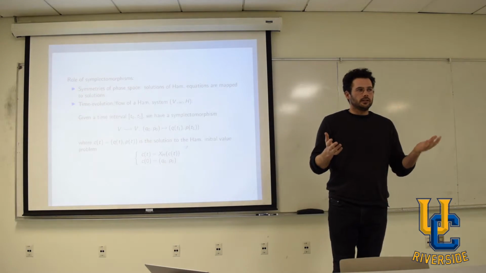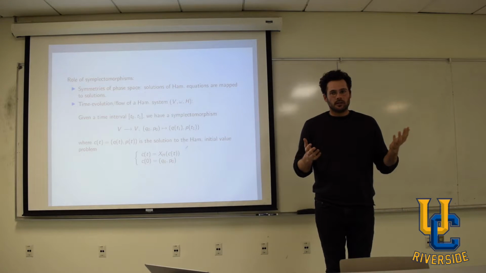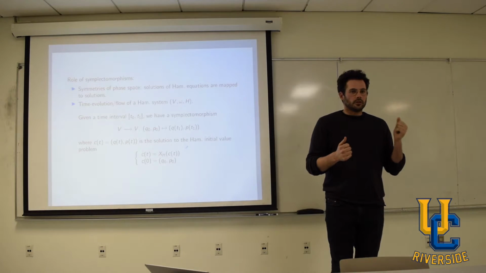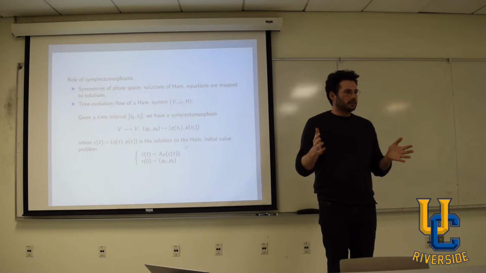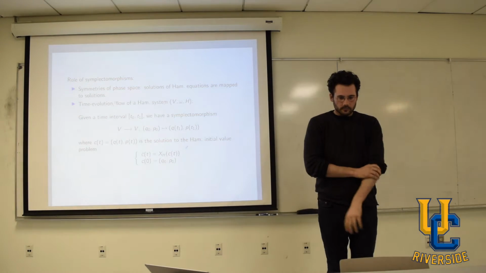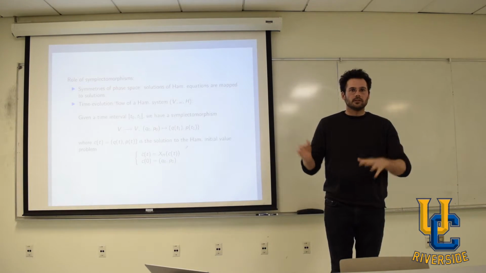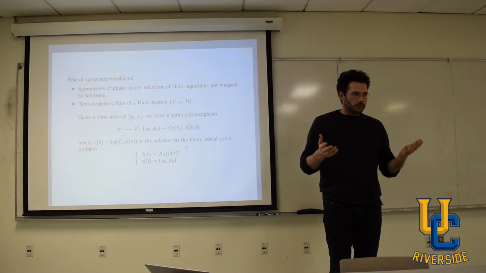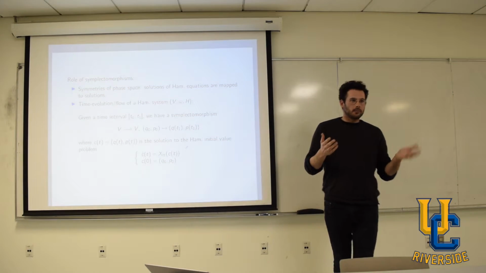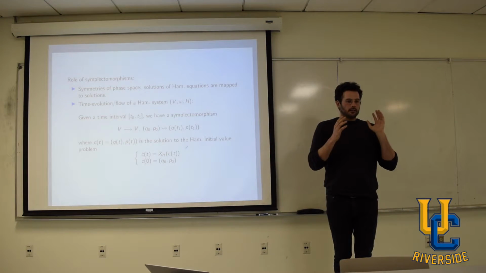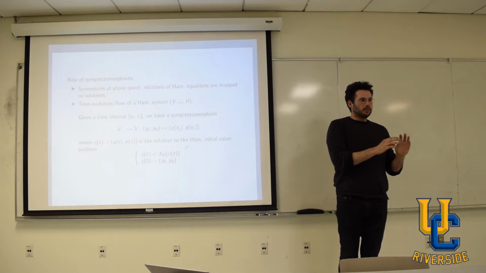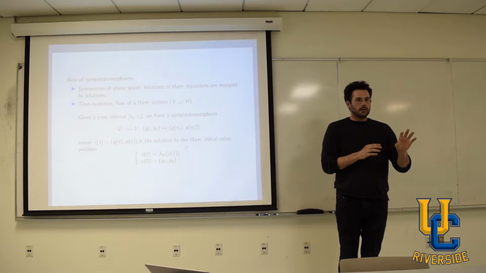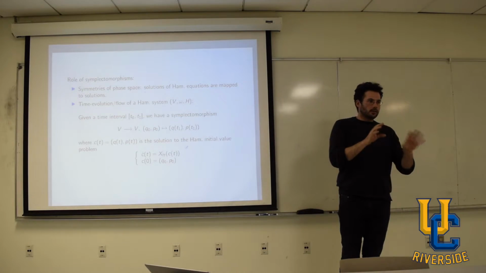So if you give me a Hamiltonian vector field and you give me two times, t0 and t1, which should be like an initial and final time, then I'll say, okay, I have Hamilton's equations, and I can produce for you a map, which is going to be a symplectic morphism. And what will this map do? It will take some initial point in phase space, which is my initial value for Hamilton's equations. Then I solve Hamilton's equations.